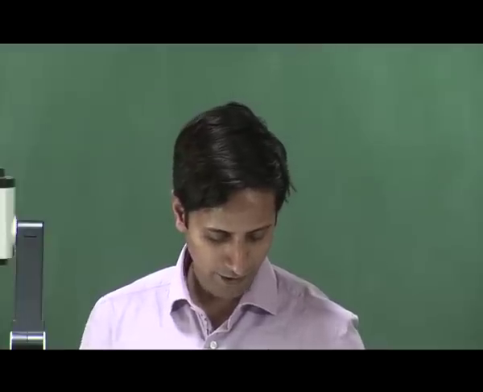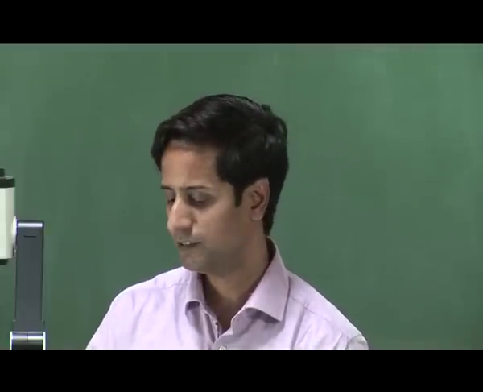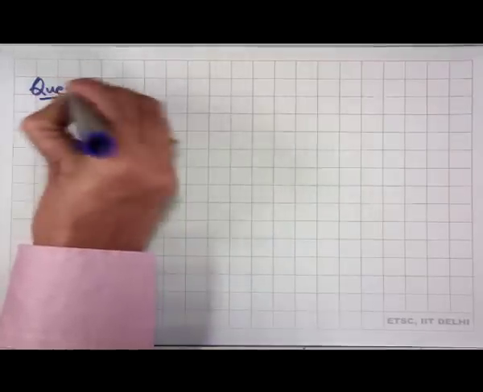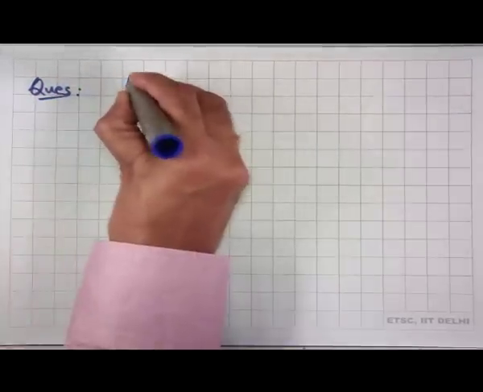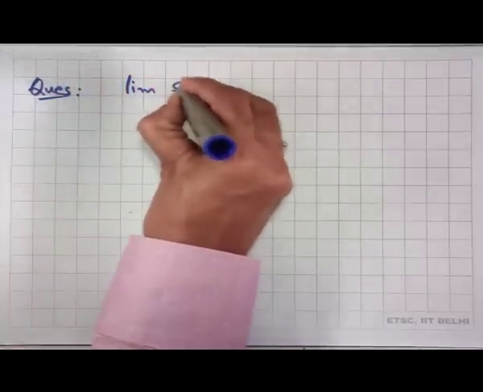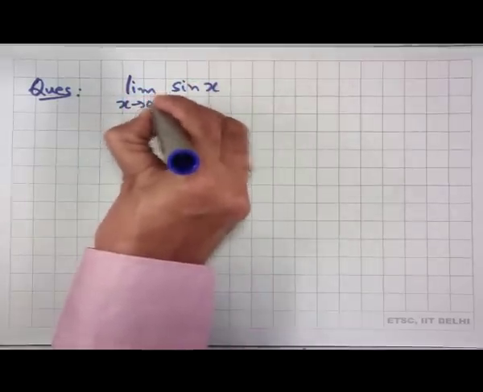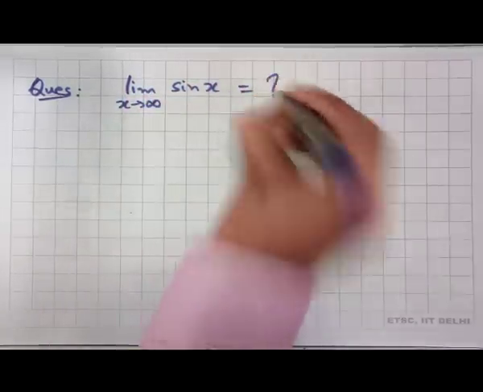But let us see some limit at infinity that does not exist. So, question: limit of, say, sine of x as x approaches infinity equal to what?